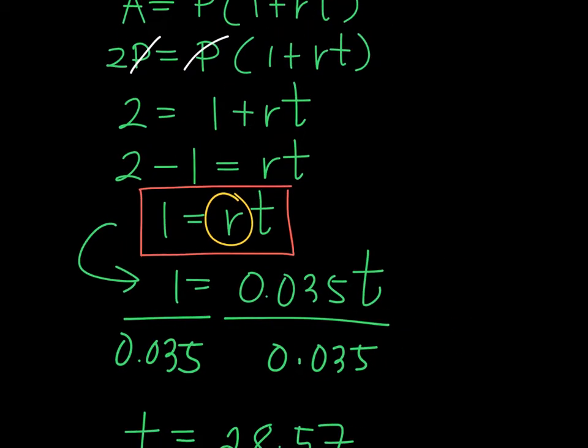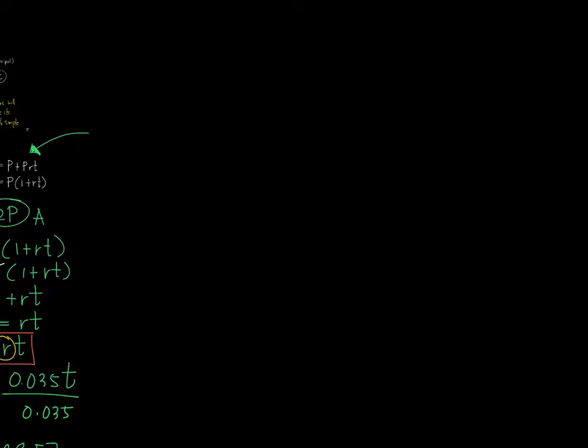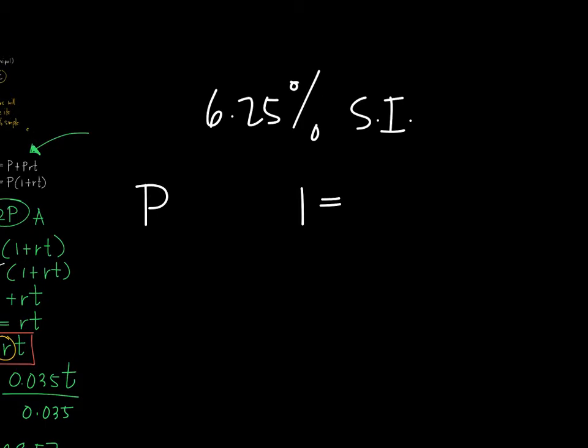An immediate follow-up would be: what if the rate is changed to 6.25% simple interest, and you want to find the time for any principal amount to double its value, that is, for P to become 2P? The formula we saw earlier, 1 equals RT, is the only formula you need.